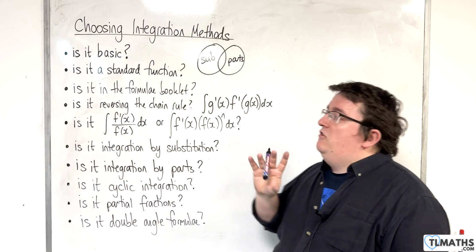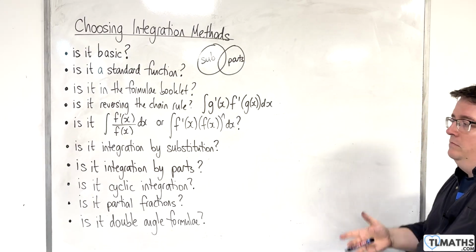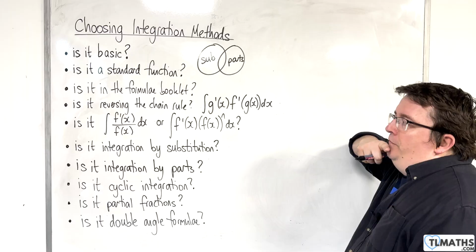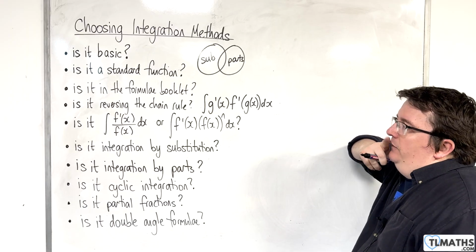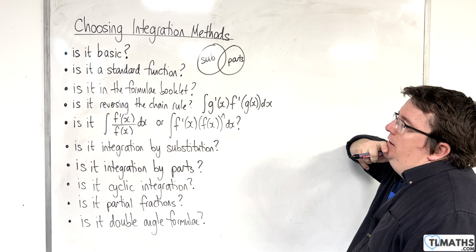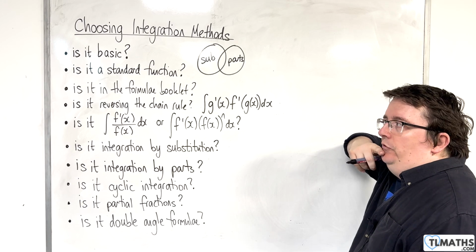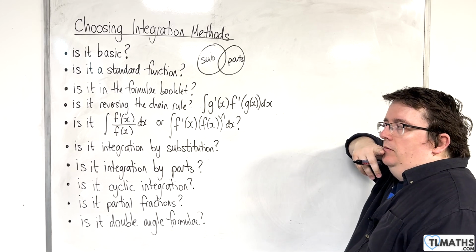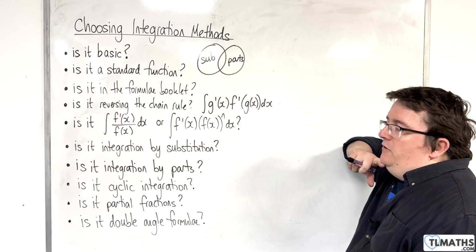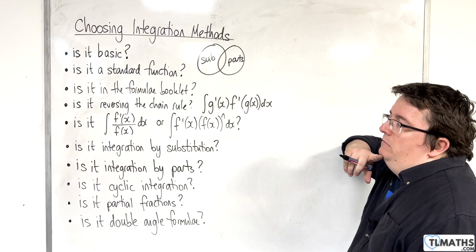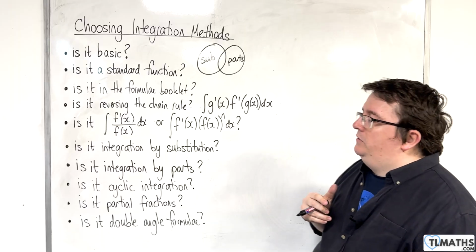So well done if you've made it all the way through to the end of this video. I've tried to go through what I believe is everything that you need, but it is a convoluted issue. Differentiation is much more straightforward. Integration is complicated.